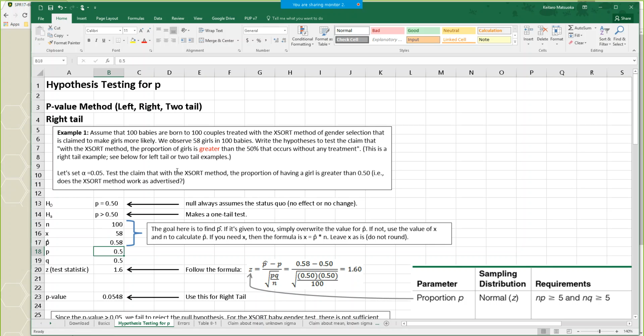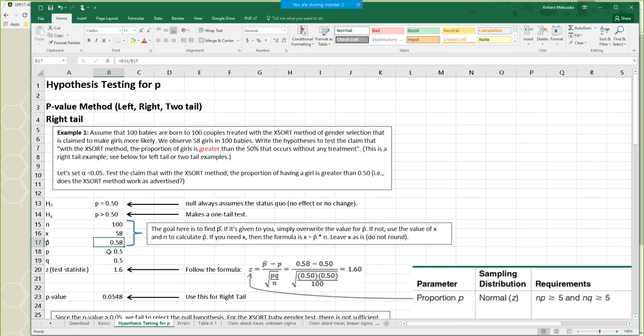In this case, historically, babies without any gender selection method, you know it's going to be 50-50. That's how I knew it to be 50% here. So be careful which one is p hat and which is p. If you have any questions about that, let me know. I'll try to explain that again. But again, p hat is the one you manually calculate from the problem.